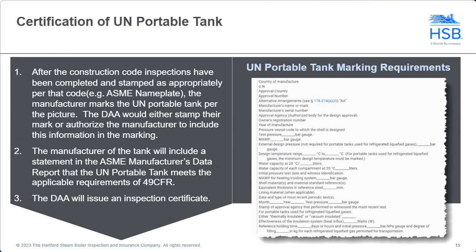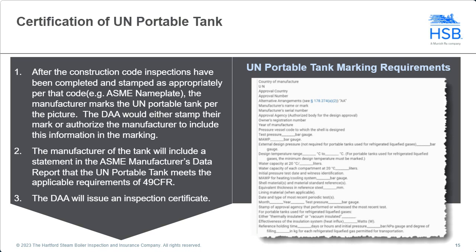All right, certification of the UN portable tank. A UN portable tank constructed to ASME Section 8 Division 1 that meets 49 CFR requirements will have two certifications: one that covers ASME Section 8 Division 1, and one that covers 49 CFR requirements for the UN portable tank.